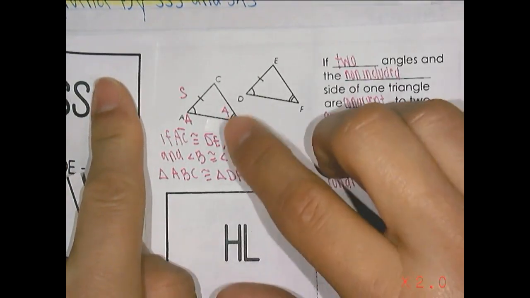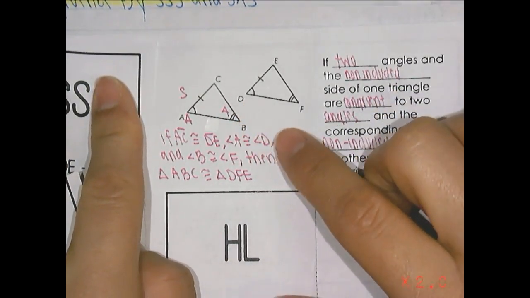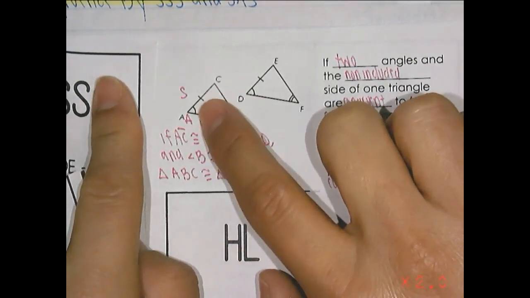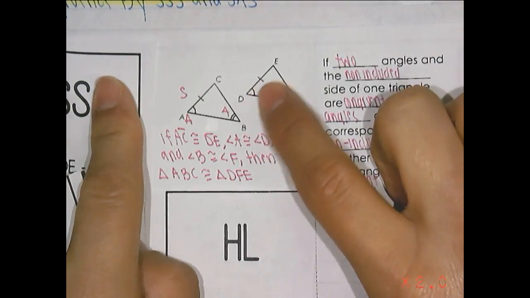All right, so in these triangles, ABC and DEF, we have side AC marked as congruent to side DE.